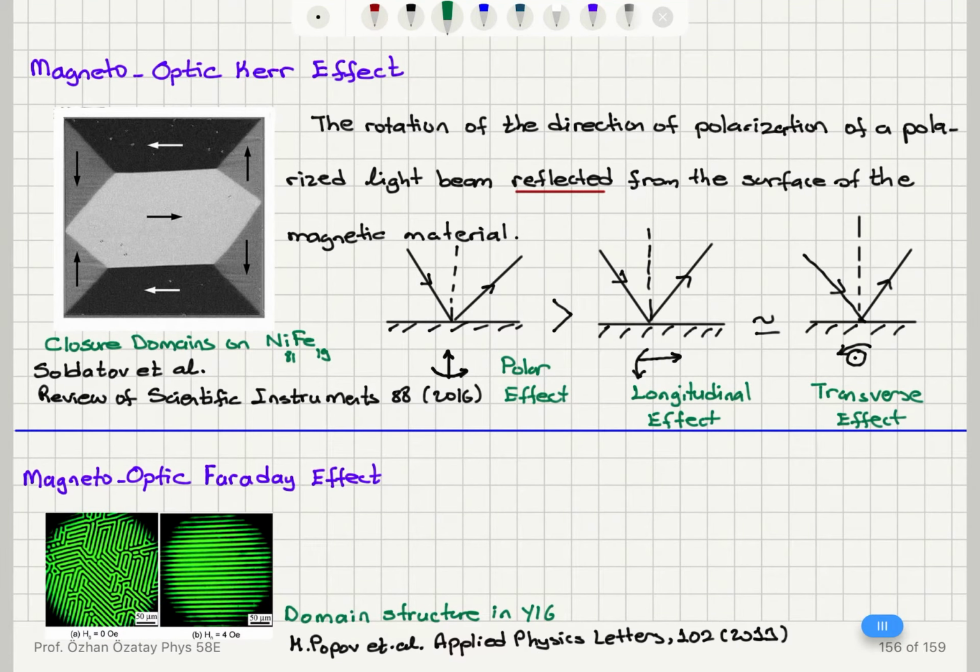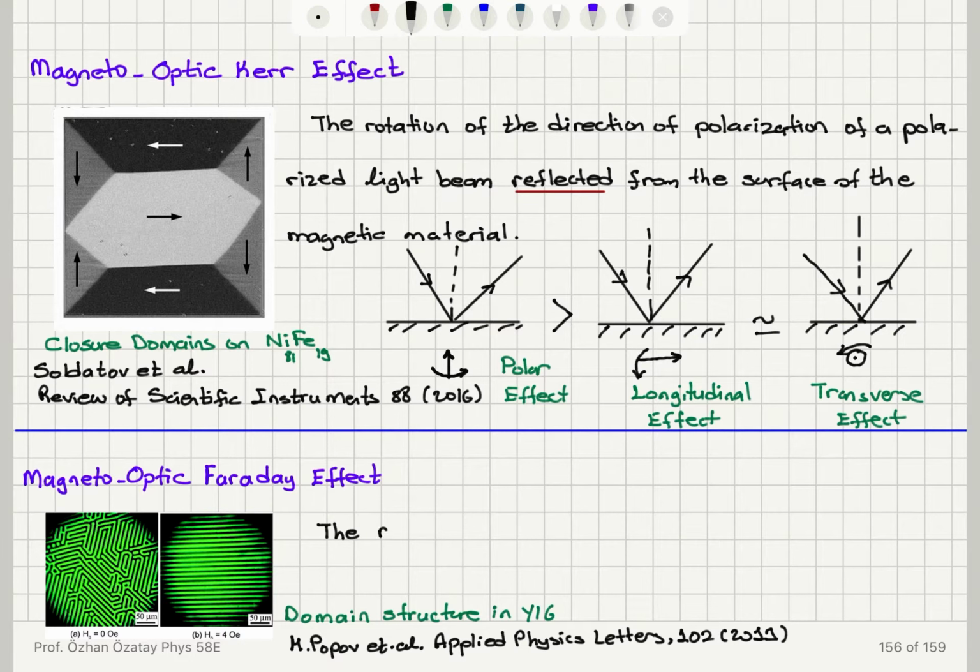Now the version that is based on the rotation of the direction of polarization when the polarized light beam is transmitted through a thin film is called the magneto-optic Faraday effect.